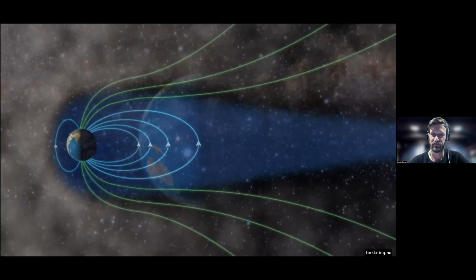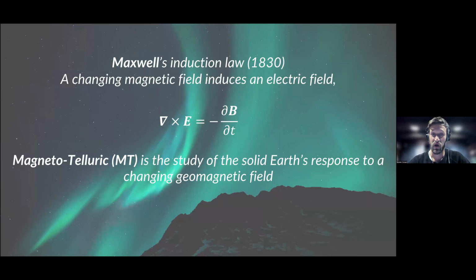But what you know from the Maxwell induction law, which is the only equation I will show you in this presentation, is that a changing magnetic field gives rise to an electric field. These currents can propagate in the Earth, and magnetotellurics is the study of the solid Earth response to a changing geomagnetic field.